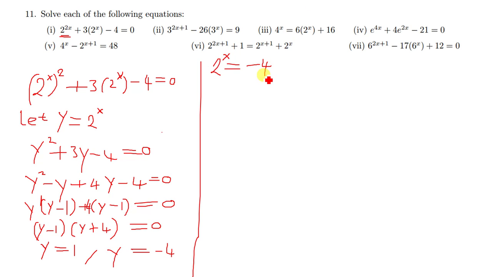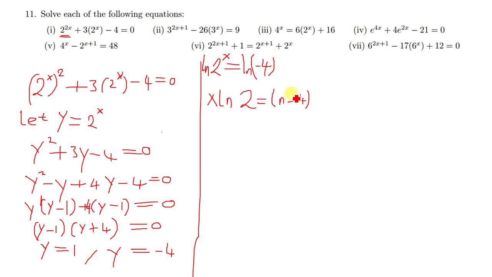So how do you solve such a question? You introduce the ln or the logs on both sides. So we can bring down this x, and then we have x ln 2 being equal to the ln of negative 4.